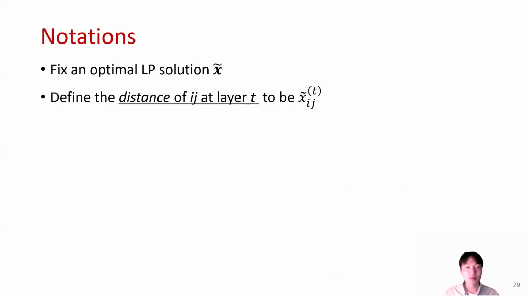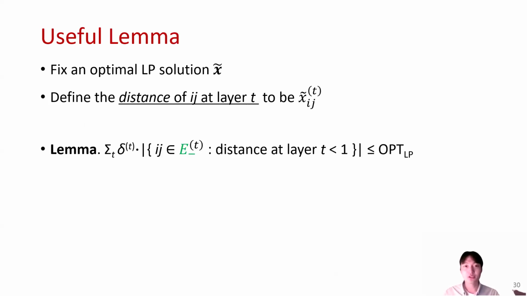Now let us fix an optimal LP solution and denote it by x tilde. And let us define the distance of edge ij at layer t to be x tilde super t sub ij. There's a useful property stating that the weighted sum of the number of minus edges whose distance at that layer is strictly less than 1 is bounded by the LP optimum.